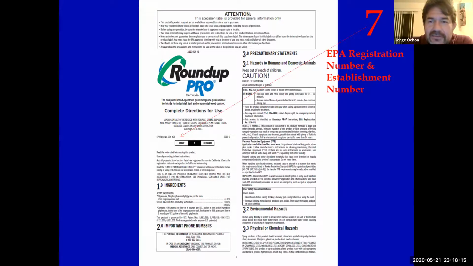This also brings into a problem when people go into a different state. You go into a different state, Nevada, Oregon, you can find different products that are registered to be used in that state, but not in California.